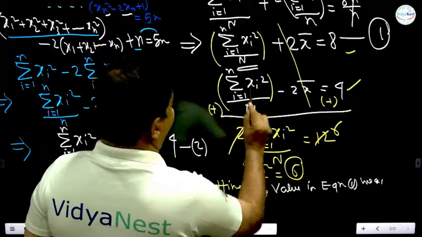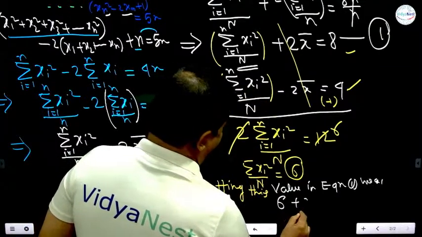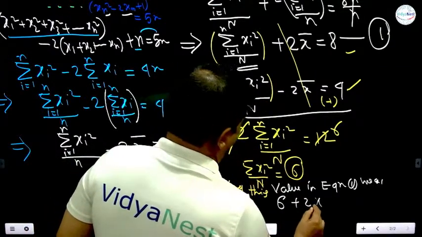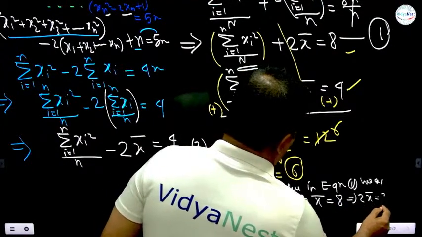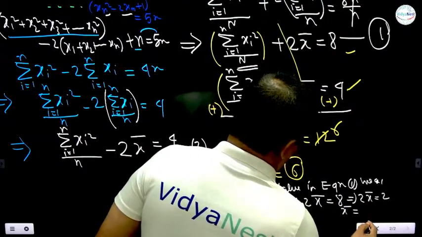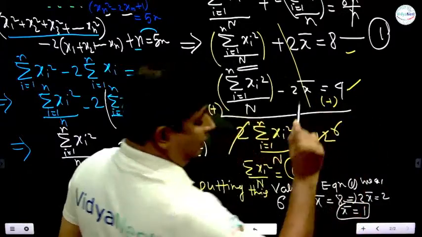Instead of this, I can put 6 plus twice x bar is equal to 8. 2x bar is equal to 2. x bar is equal to 1.